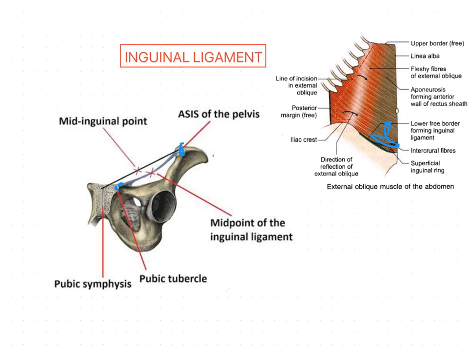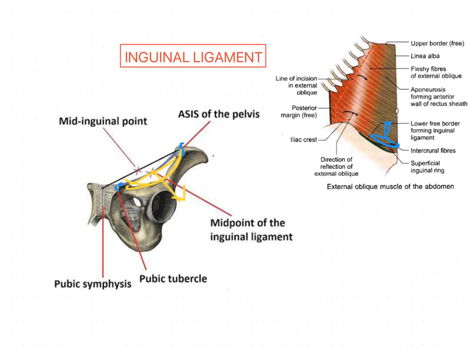Traction of this fascia makes the ligament convex downwards. So the traction of this fascia causes the convexity of the inguinal ligament.